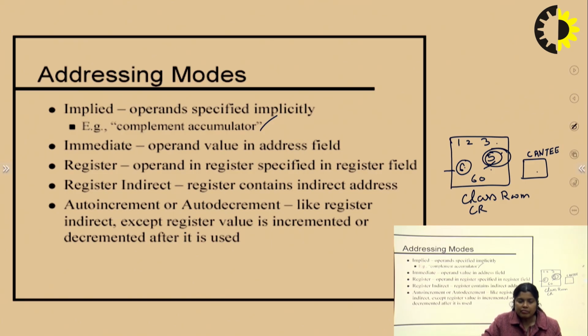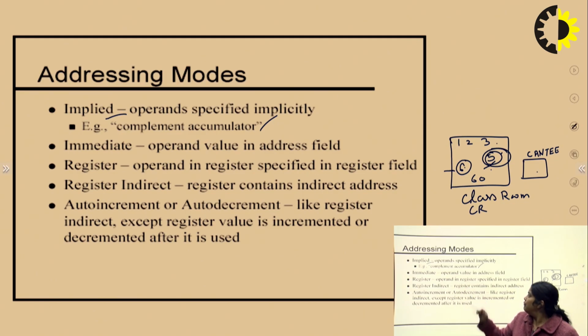You just write the hash include and the complete 4-5 line program. It means it is implicitly, inherently defined. Implied mode is when the operand address is implicitly defined by the computer instruction, then it is called the implied mode.